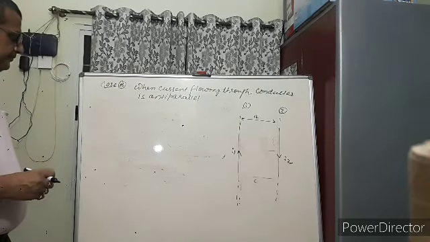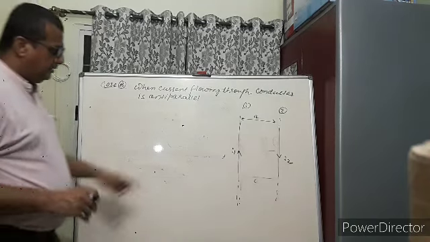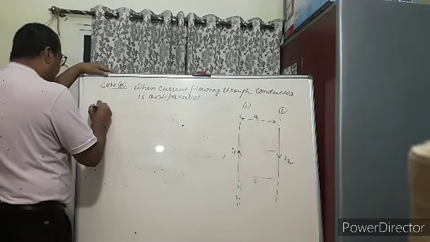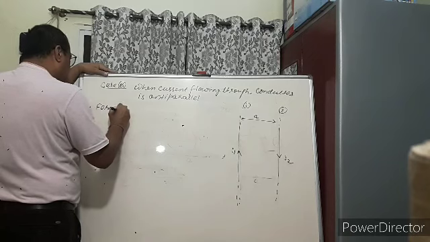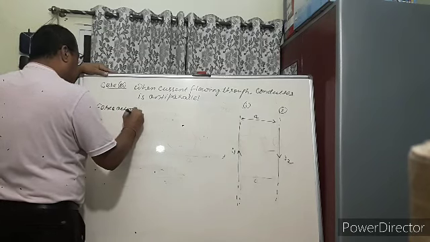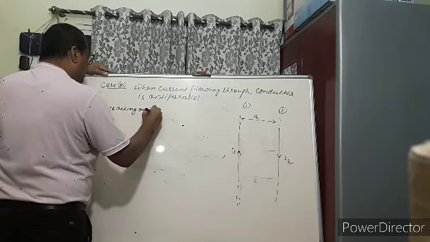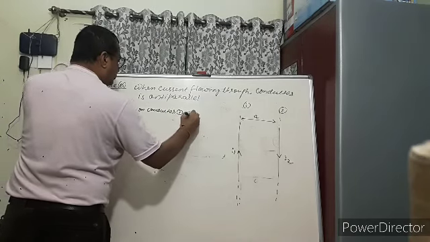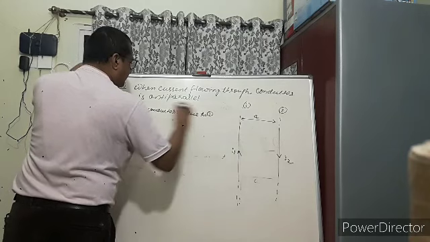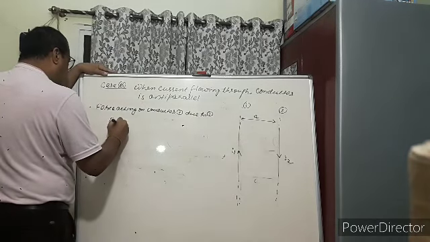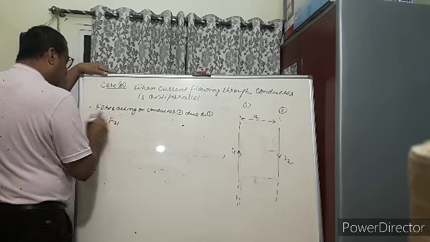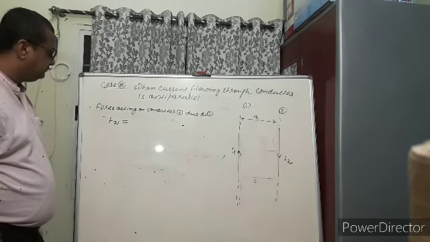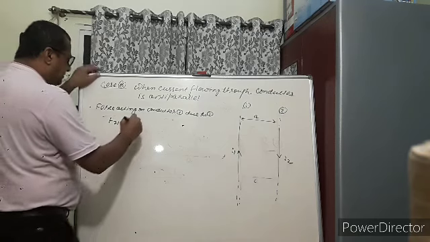Now similarly, conductor 1 is producing a magnetic field, so the force acting on conductor 2 due to 1, that is F21, is equal to BIL sin theta.